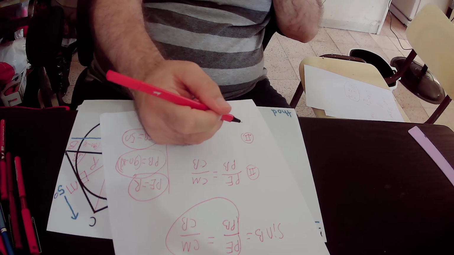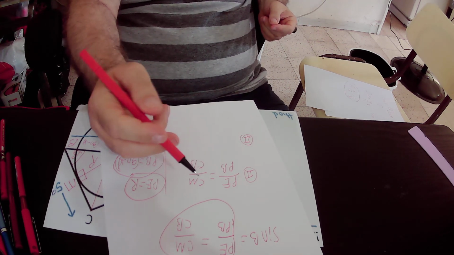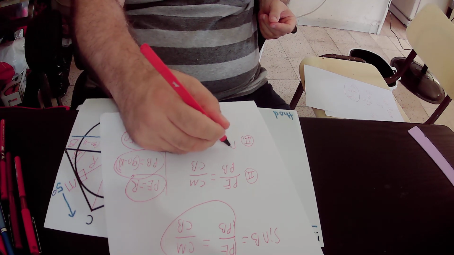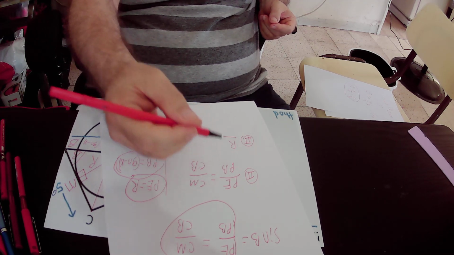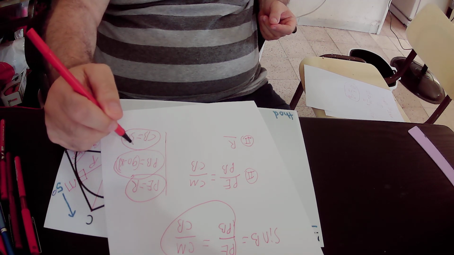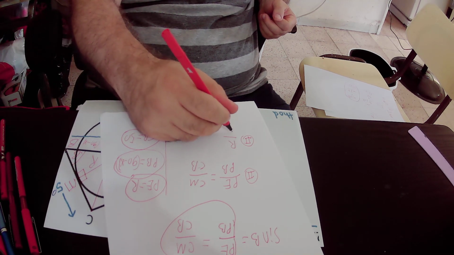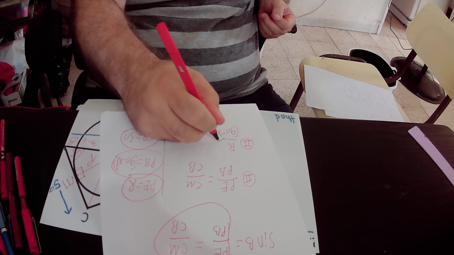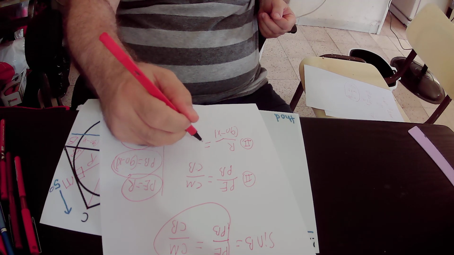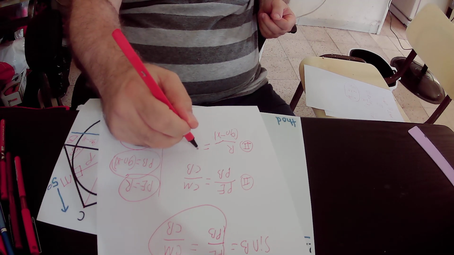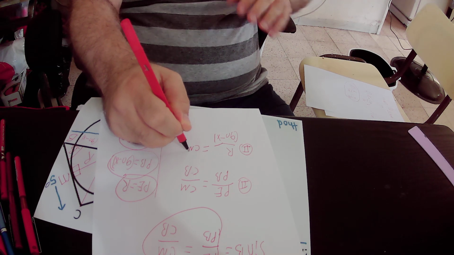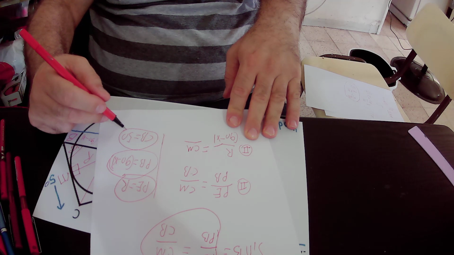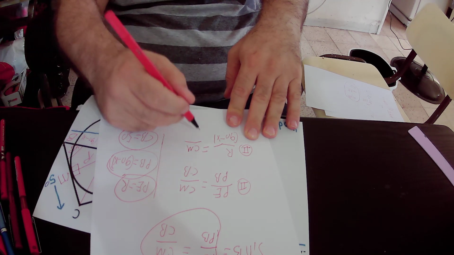Again, in the second equation, we will substitute PE by R because PE equals R, and then we will substitute PB by 90 minus x because PB equals 90 minus x, and we will leave CM as it is, and then we'll substitute CB by 50 units because CB equals 50 units.